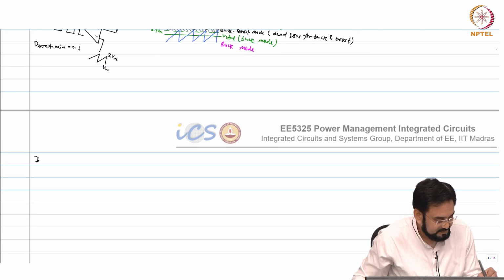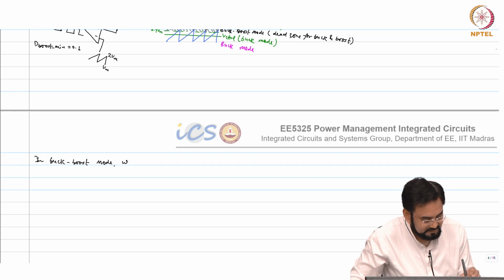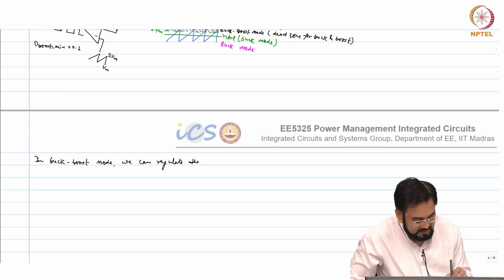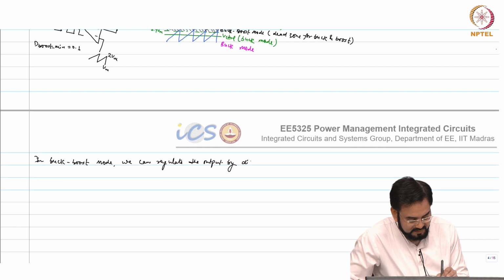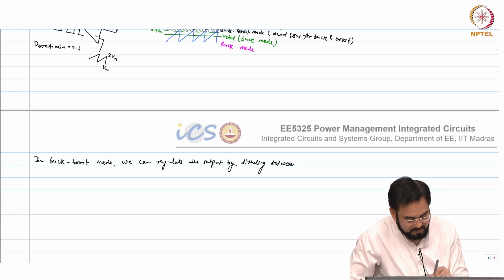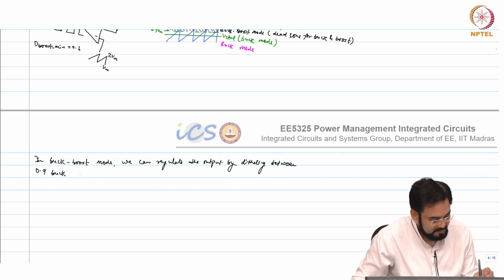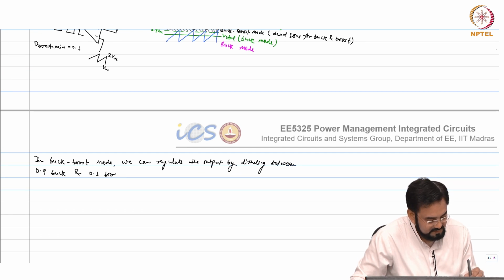So what you do actually, in buck-boost mode, you can regulate by deferring between 0.9 debug and deboost.